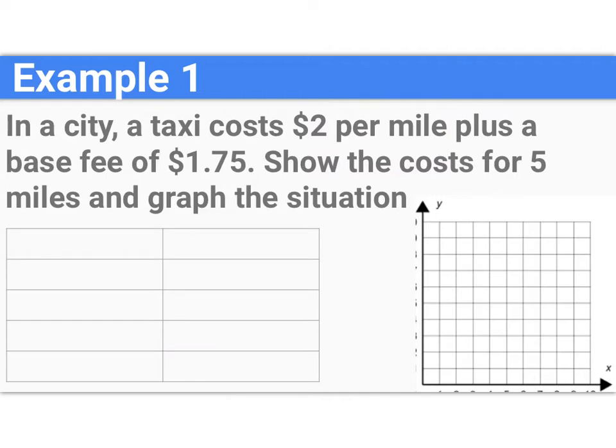So we're picking up example 1 on this page, and we had 0, 1, 2, 3, 4, 5. So we're at 1.75 at 0, 3.75, 5.75, 7.75, 9.75, and then 11.75. Okay, so this graph right here is very tiny, so we're going to estimate.